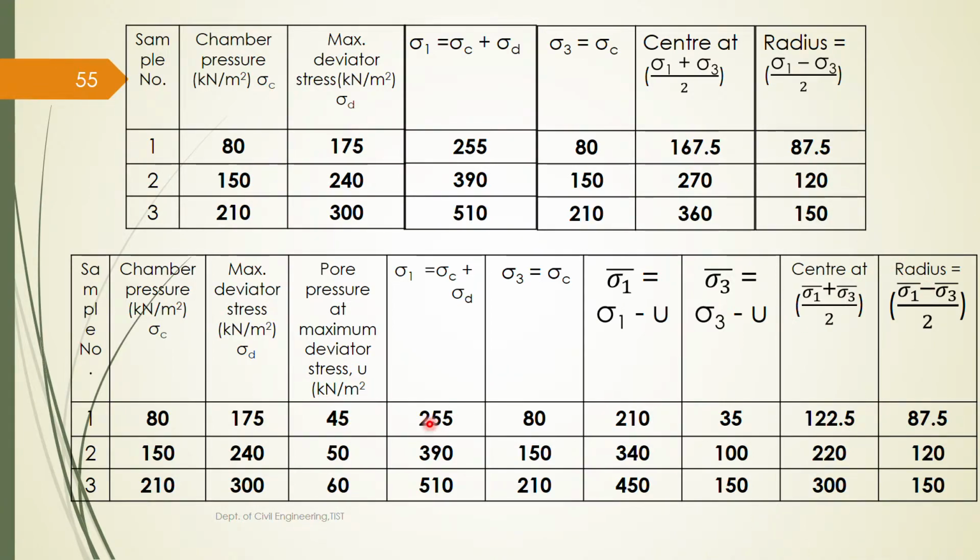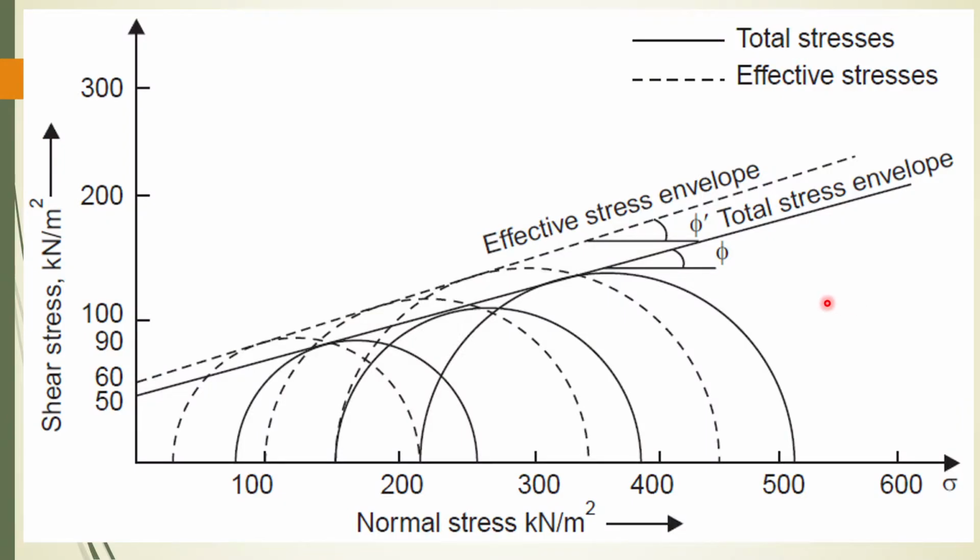I'll be using different notations for drawing the Mohr circles. For total stresses we use a solid line, and for effective stresses we use a dotted line. This is the table for total stresses and this is the table for effective stresses. We got the values, and based on these values I have drawn the Mohr circles.